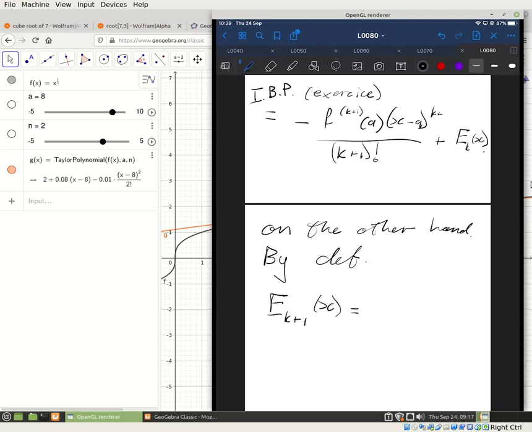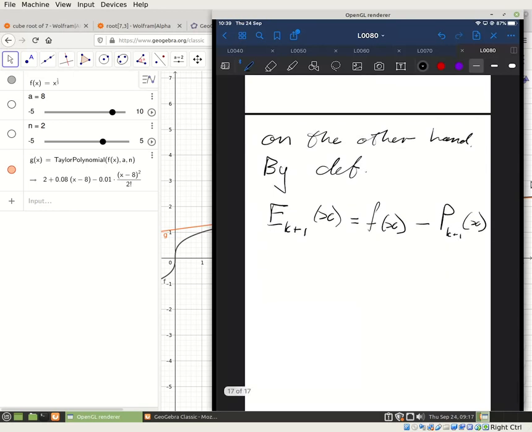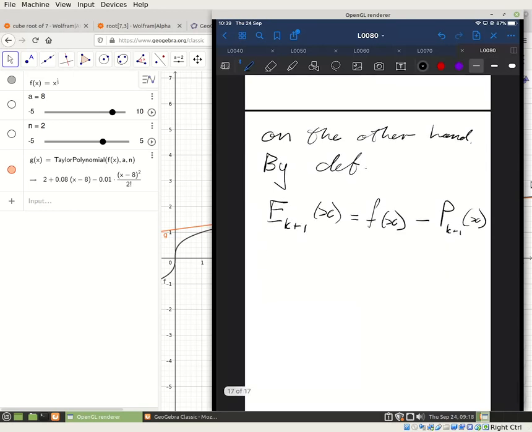What is that? That is nothing but f of x minus the k plus 1th Taylor polynomial. But if we think a little bit, this k plus 1th Taylor polynomial is the same as the kth Taylor polynomial with one extra term added.